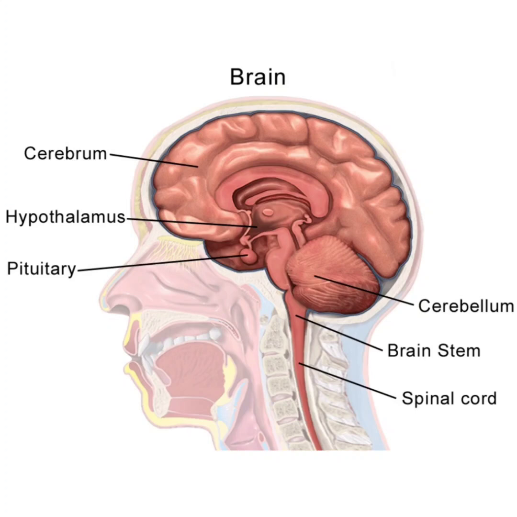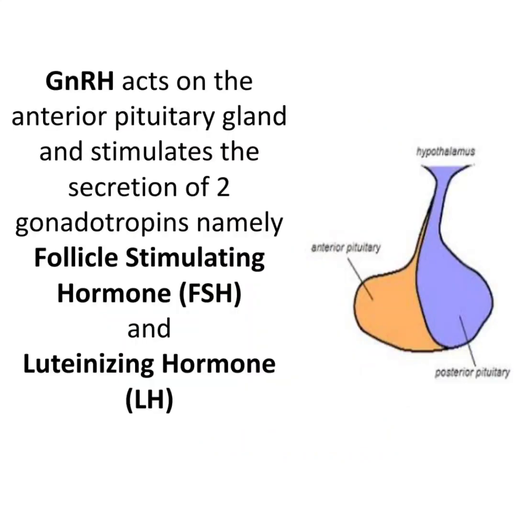The hypothalamus is present between the cerebrum and the cerebellum, just above the pituitary gland, and it secretes gonadotropin releasing hormone. This hormone stimulates the anterior pituitary, and the anterior pituitary releases 2 sex gonadotropins, namely follicle stimulating hormone and luteinizing hormone.